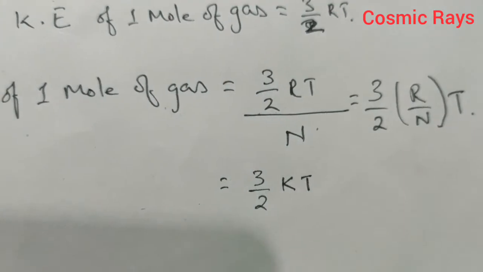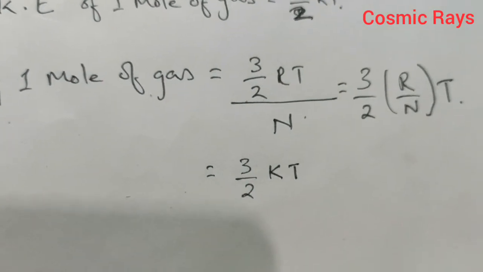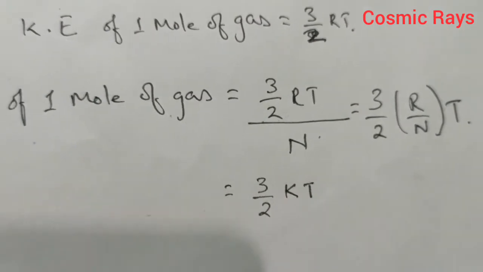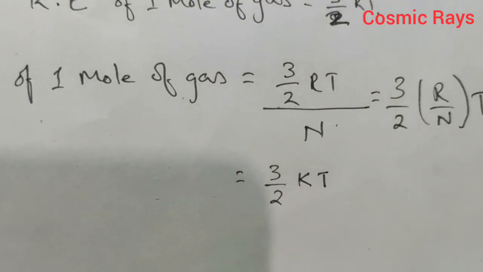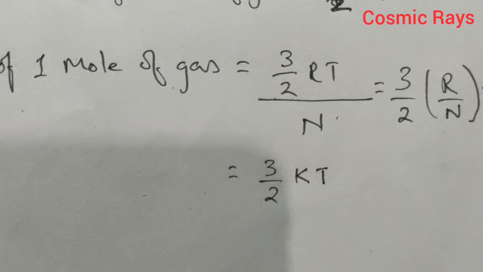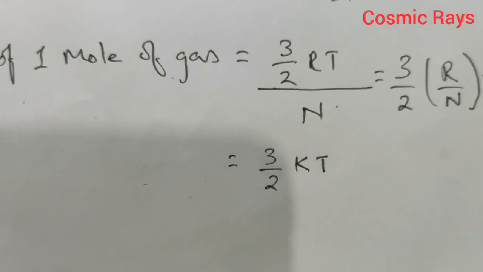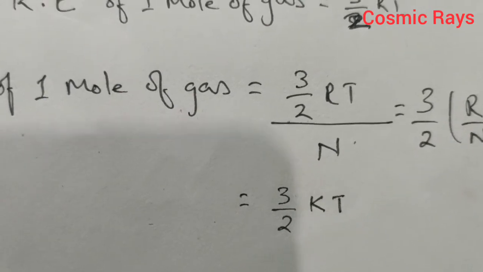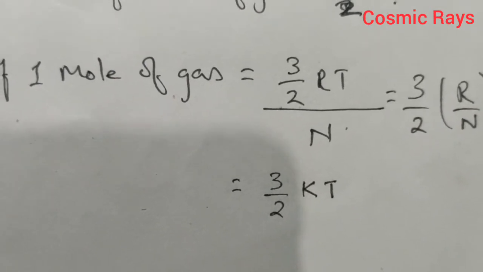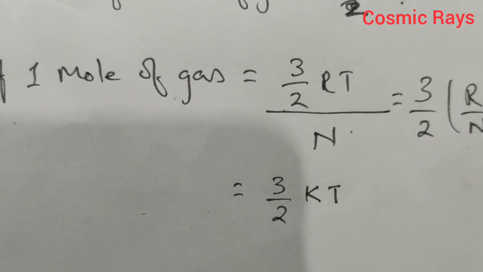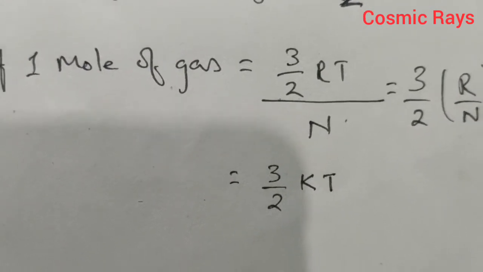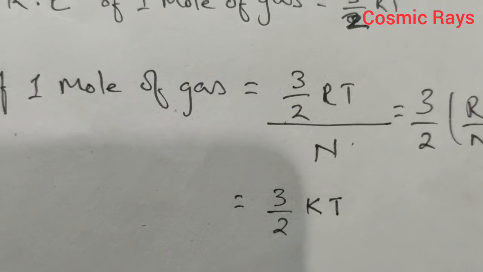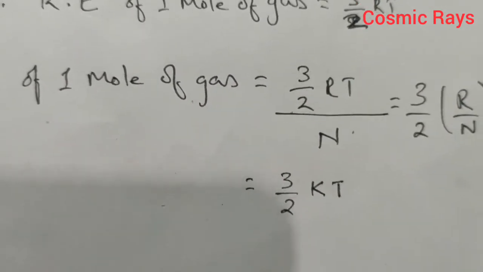So 3 by 2 kT is the average kinetic energy of 1 molecule. What it means is different gases at the same temperature have the same average kinetic energy per molecule, and this energy is directly proportional to the absolute temperature of the gas.